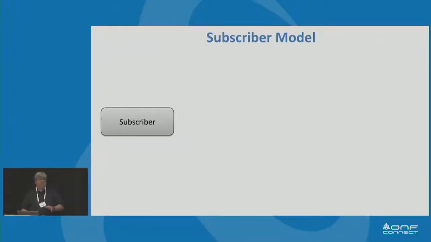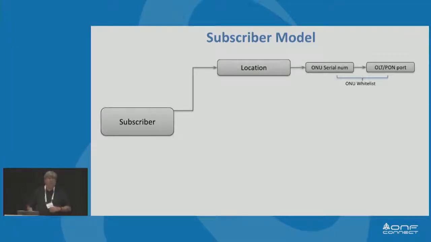Now this slide is just going to show you a breakdown, not necessarily of the models, but kind of how the information fits together to provide a cohesive picture. So a subscriber is going to have a location associated with it. The subscriber has an ONU, and his ONU is going to be attached to a PON port. We will end up putting those in a whitelist, and I believe we'll walk through the whitelist in a bit.